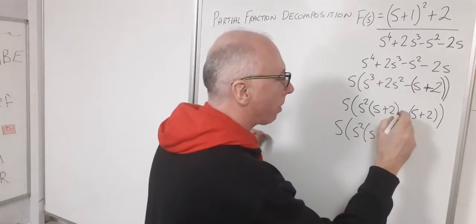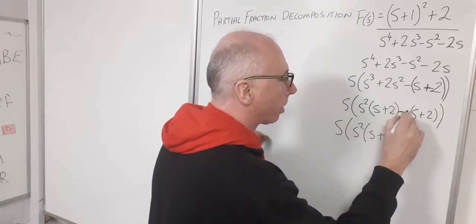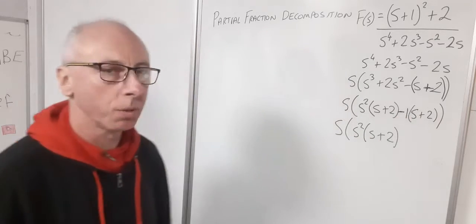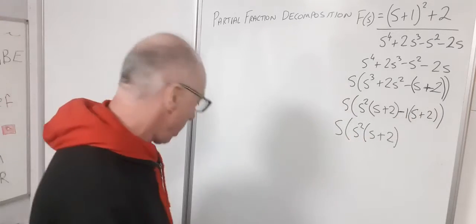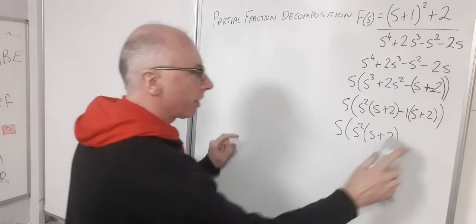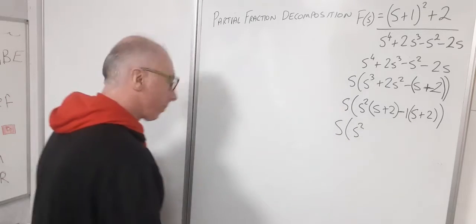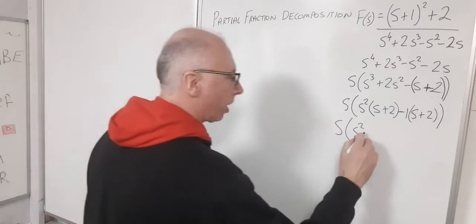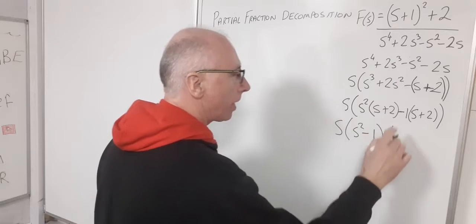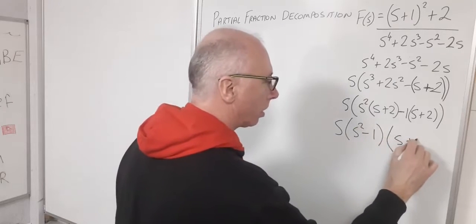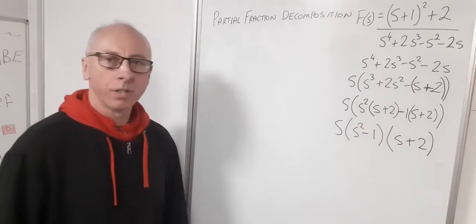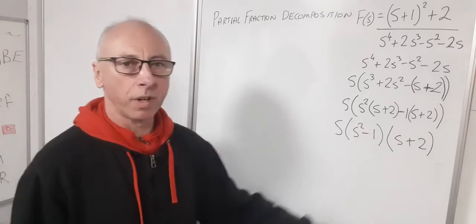So I could rewrite that if I wanted to, minus 1 times (s plus 2). So therefore I can rewrite this now as (s squared minus 1), and then (s plus 2). So that's where we're up to so far.